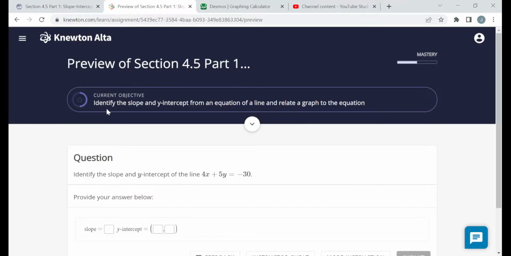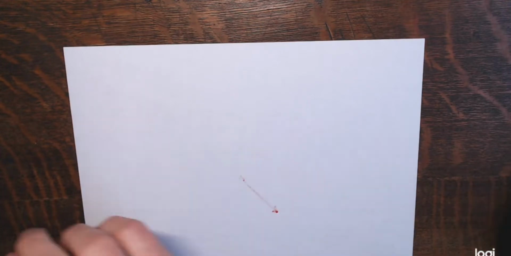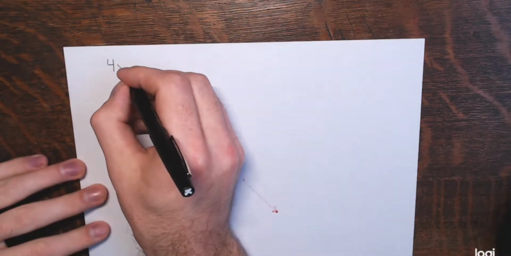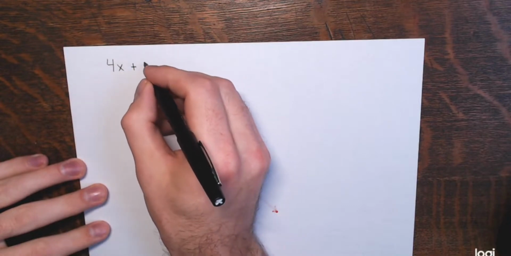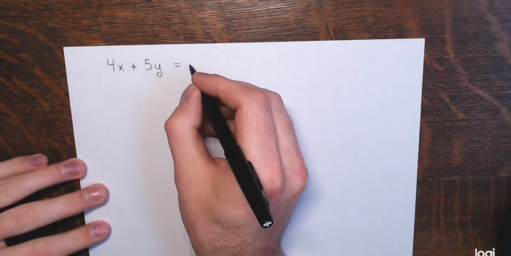Alright, then here, identify the slope and y-intercept. So once again, I'll write this equation out. We'll put it in that slope-intercept form and answer their question here. So 4x plus 5y equals negative 30.